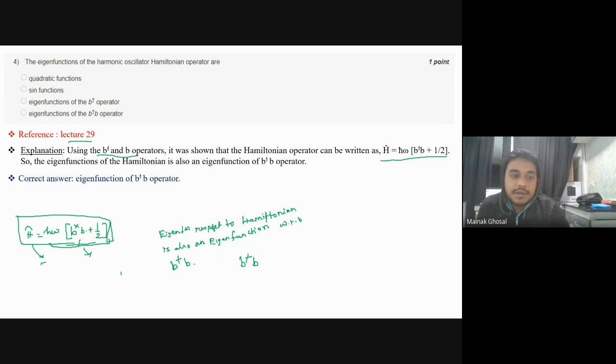So this is the way you should approach it: whatever psi is, let psi be anything, whatever is the eigenfunction for your Hamiltonian must be the eigenfunction of your B dagger B, right? So this is the correct option, your option 4.